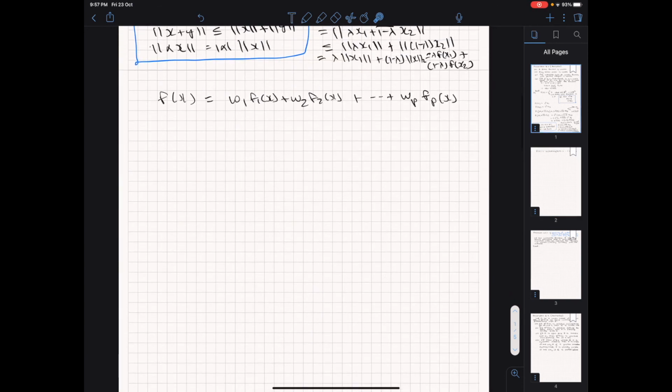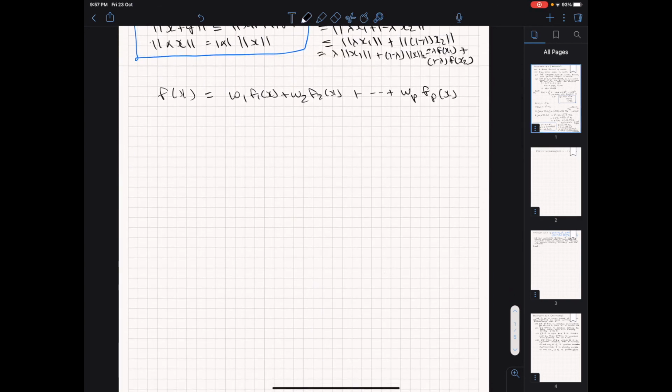So what is given to me is that the weights w1, w2 and so on up to wp are all greater than 0. If it is 0, anyway it won't be inside itself, right? So the weights are all greater than 0, and f1 of x, f2 of x and so on up to fp of x are convex, right?